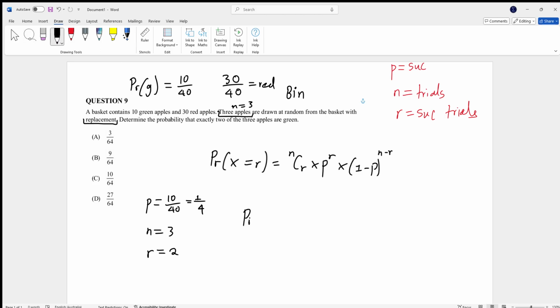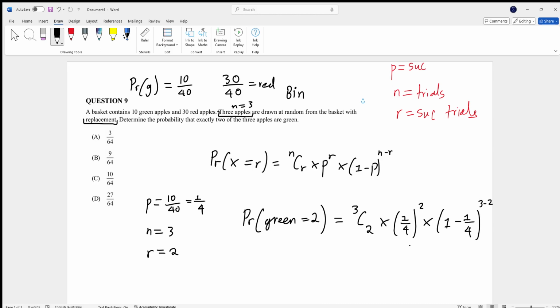So, the probability that green is equal to 2 is going to be 3 choose 2 times 1 over 4 to the power of 2 times 1 minus 1 over 4 to the power of 3 minus 2. Now here, you may need to know exactly what that formula is.